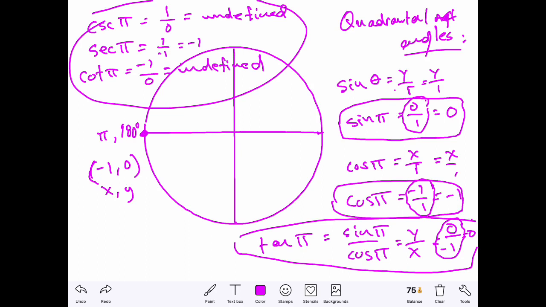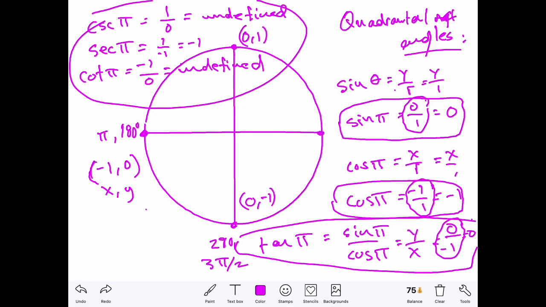Okay, so if we label our quadrantal angles, in this case, what would this be? Well, 0 on x, 1 on y. Here, -1, 0, 270, or 3 pi halves: 0 on x, -1 on y.